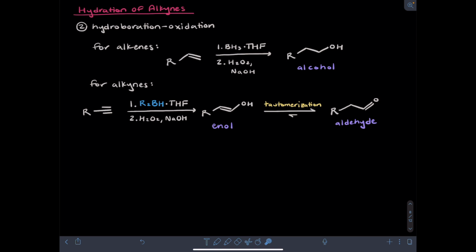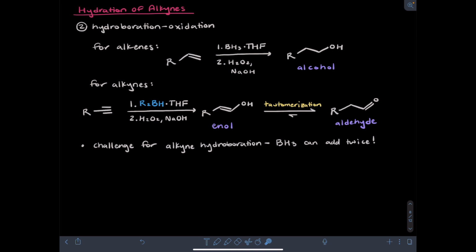But here as well, this enol intermediate is unstable, and it will tautomerize to form an aldehyde product. I'll show you this mechanism for tautomerization, and it's going to look a little bit different because here I have basic conditions, NaOH instead of H3O+.